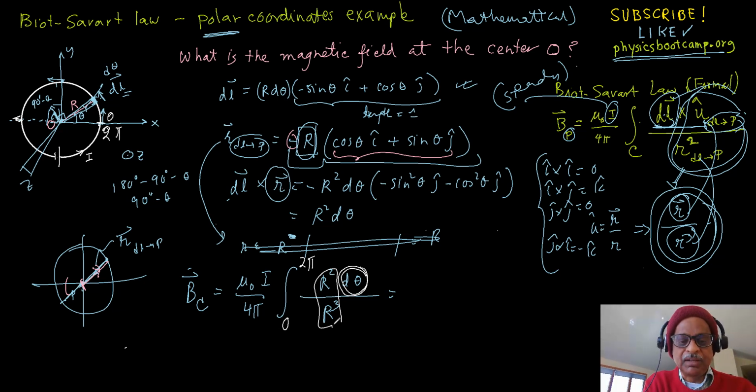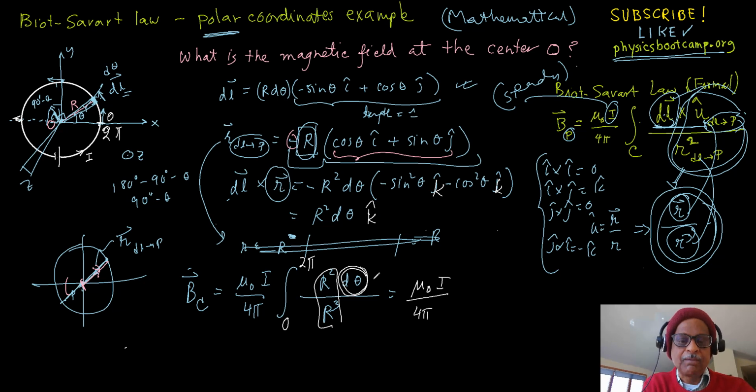And this does not depend on theta. So this is just a very simple integral, mu naught I over 4 pi, and this is k hat, right?